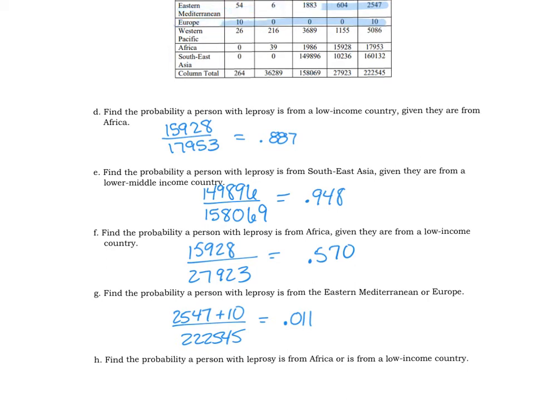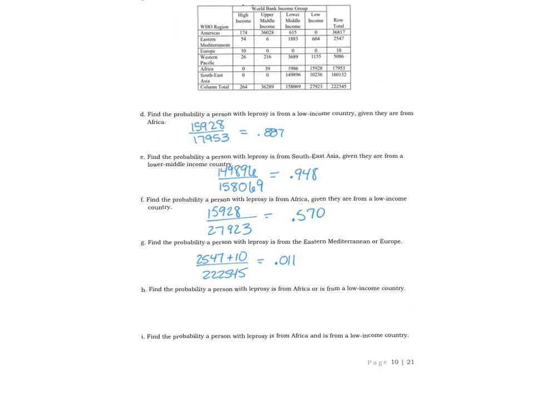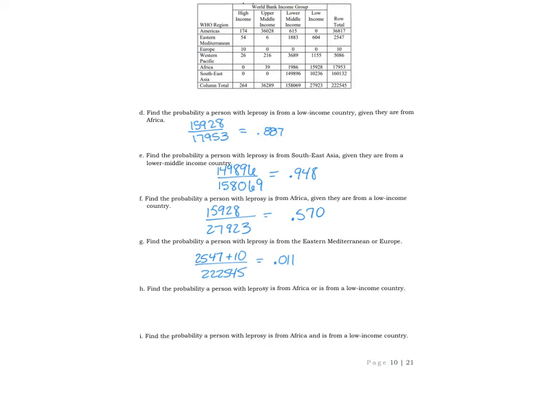All right, erasing again. Let's see if I can just make this a little smaller. There we go. Find the probability a person with leprosy is from Africa or is from a low-income country. So this is, again, one of those situations where we've got a number in the crosshairs. Now I realize that my yellow highlighting just got rid of my blue highlighting, but the blue also leaks over into that region. So this is an or. Remember, we have to say to ourselves, can you be from both?